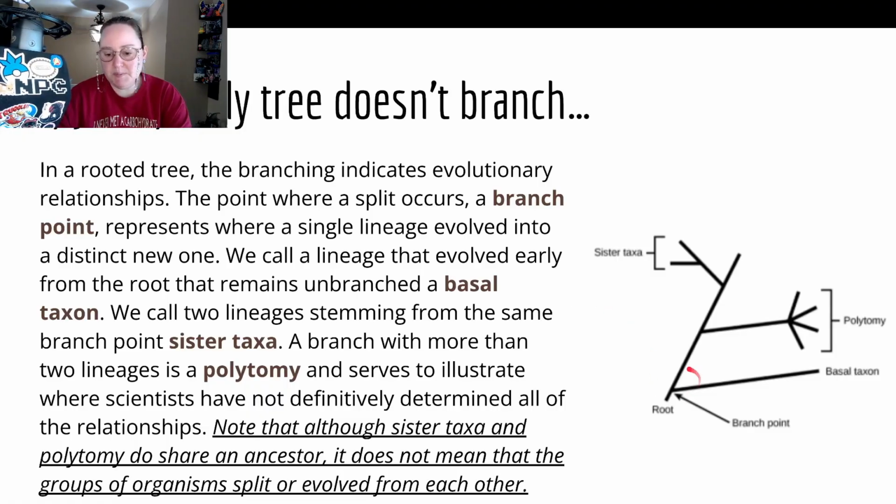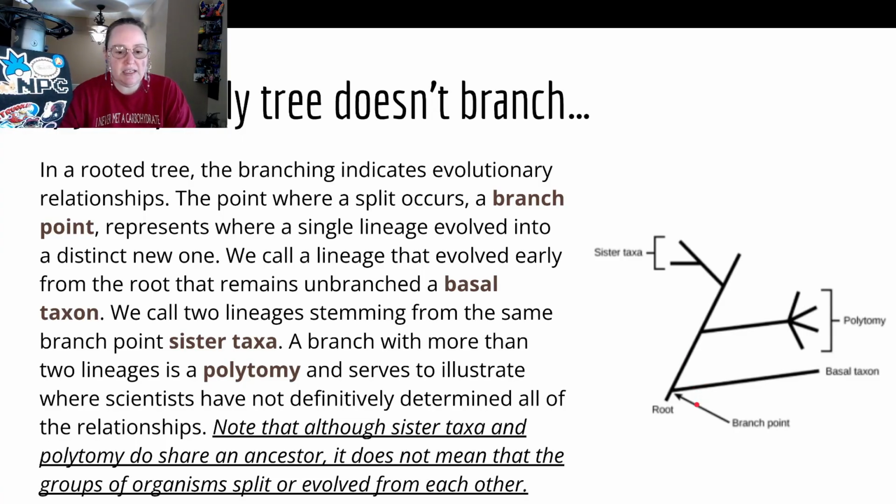So, keep in mind, these don't happen overnight, all right? But again, we're trying to draw this out so we can visualize it. This isn't necessarily representative of time all the time. This is just showing where we've got evidence that a branch point occurred. So, one species hit a point where speciation occurred, and one species kept going while a new one popped off.